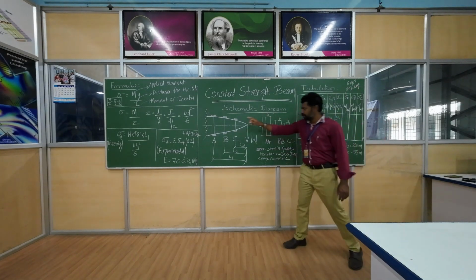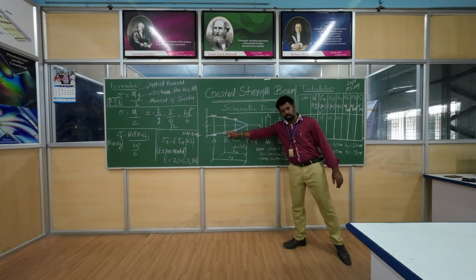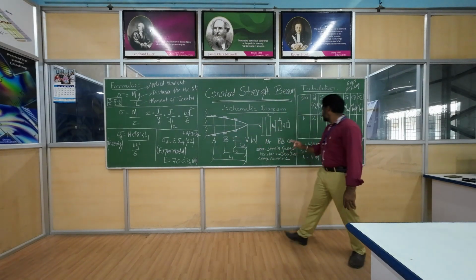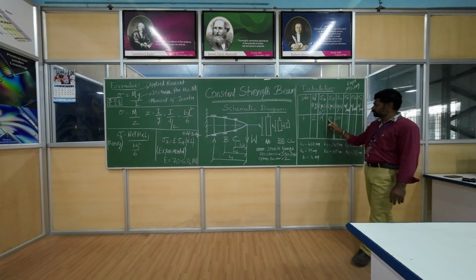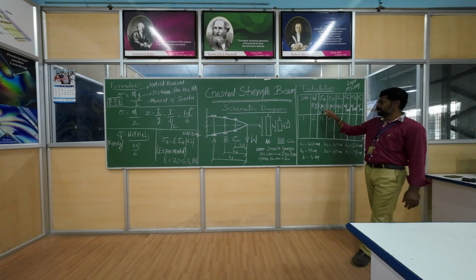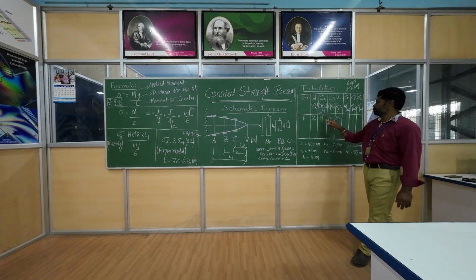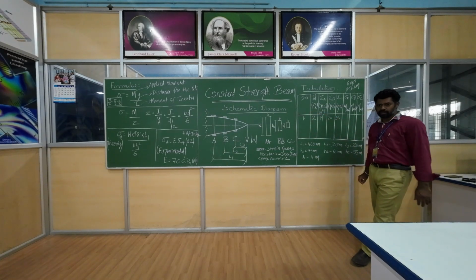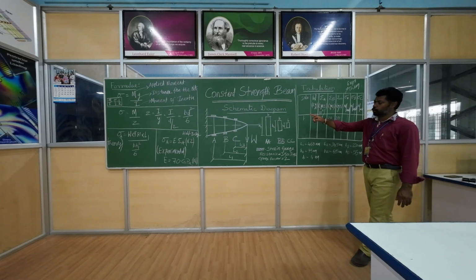Then I measure the strain at section B, again using the same strain gauge indicator, and it shows 20 microstrain. Like that, for the given set of loading, we will measure the strains at sections A, B and C. So now we have the strains due to the applied load at sections A, B and C.